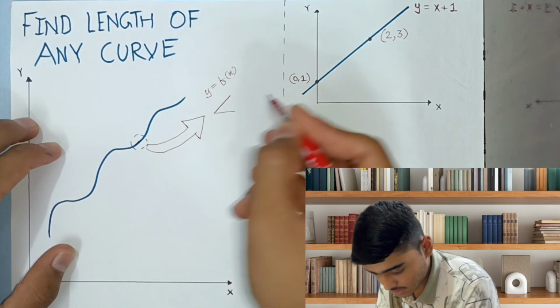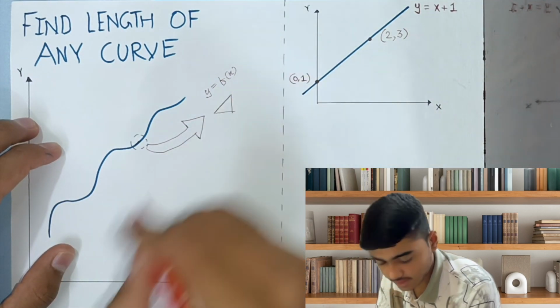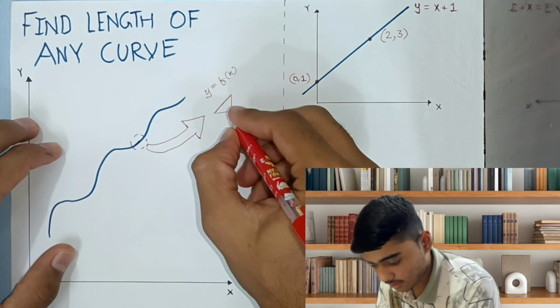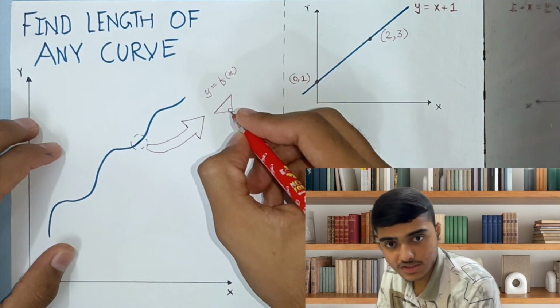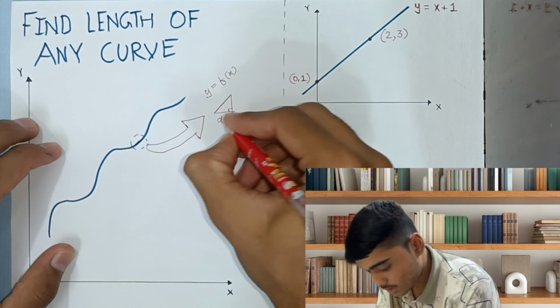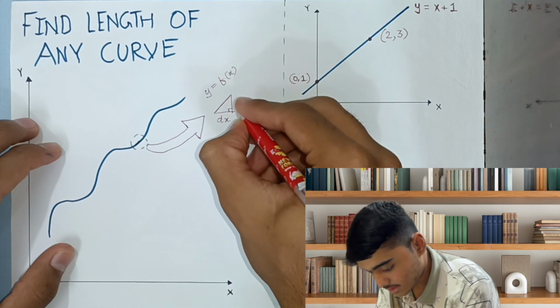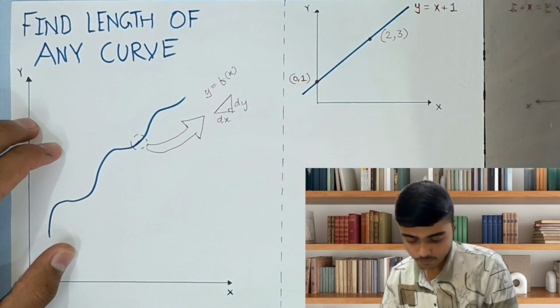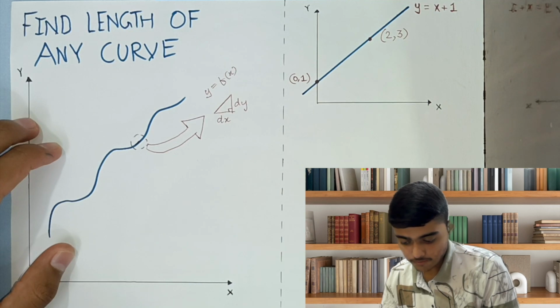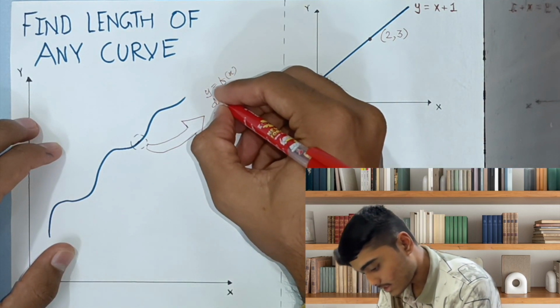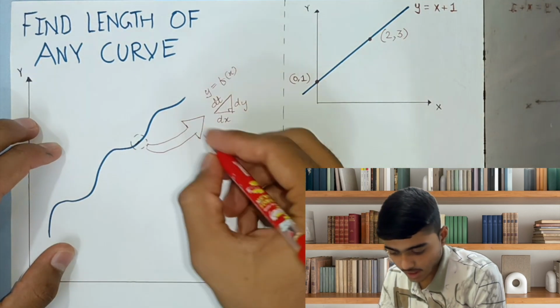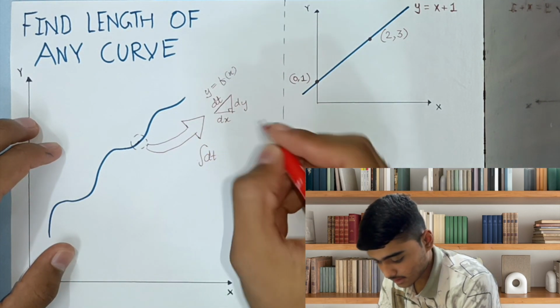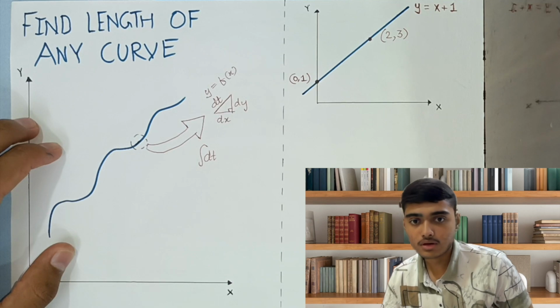This one, if I do like this, I'll get a triangle, a right angle triangle to be specific. This one can be considered as dx and this one is dy. So if I want to find the length of the curve, say dt, I will integrate dt and I will get the length of the curve.